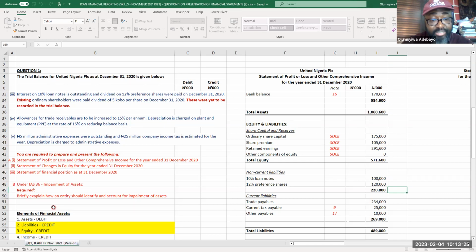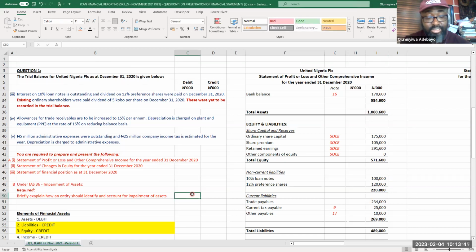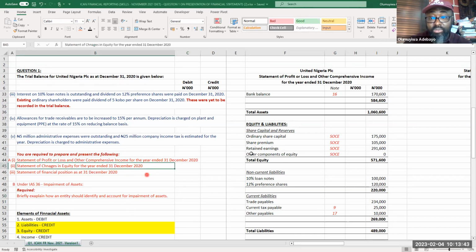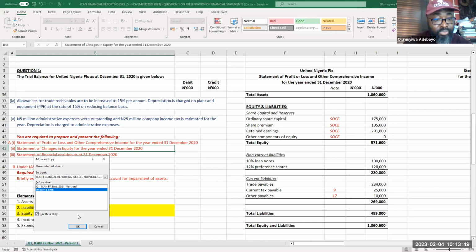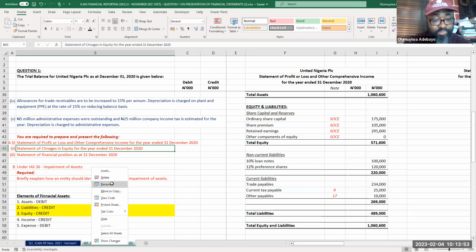We treated preference shares as a financial liability. Now, what will I do? I can just copy and duplicate, and I'll call that version 2.